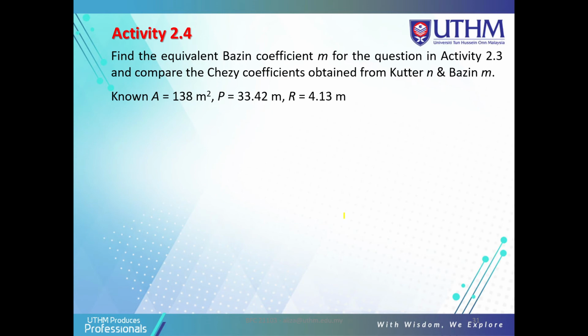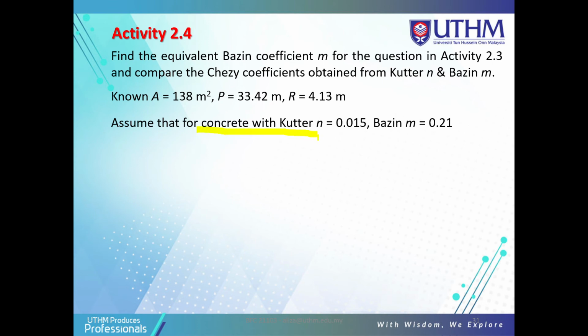We use the same question as activity 2.3. Find the equivalent Bazin coefficient M for the question in activity 2.3 and compare the Chezy equation obtained from Kutter and Bazin M. Assume the channel is concrete, with the roughness of Kutter n being 0.015.